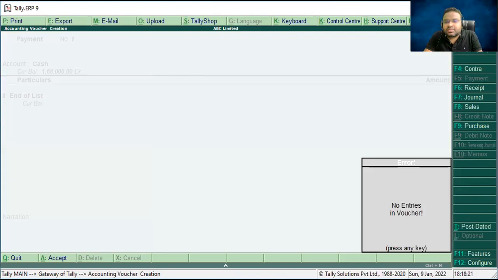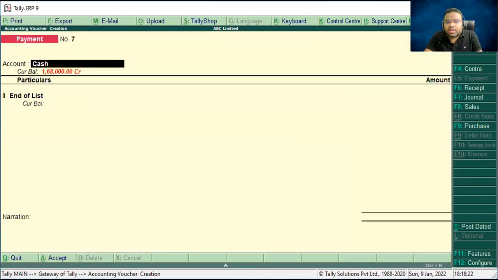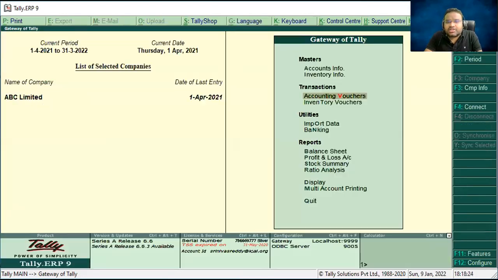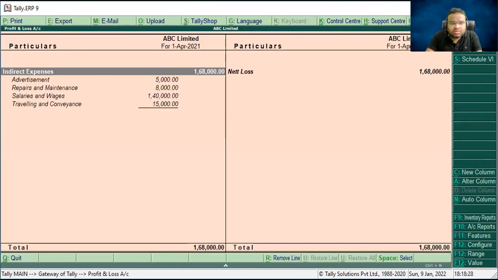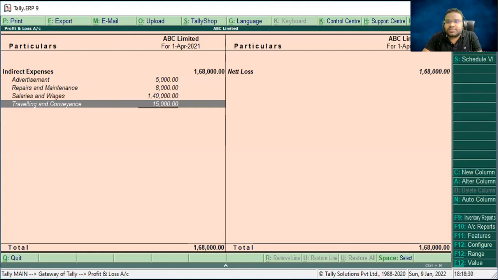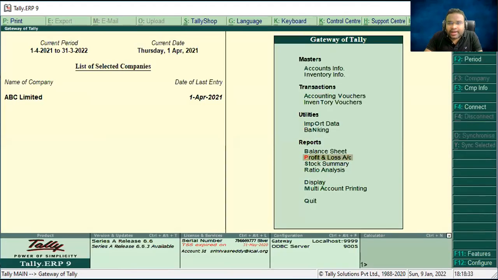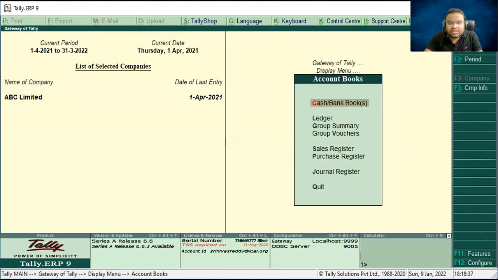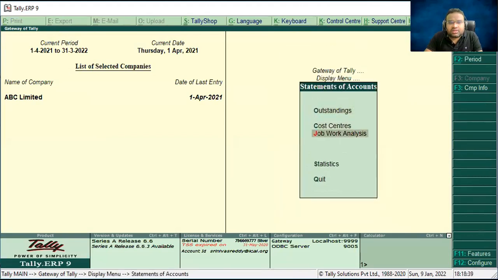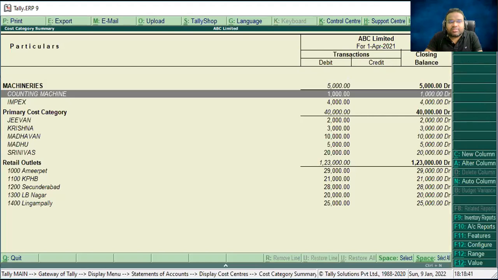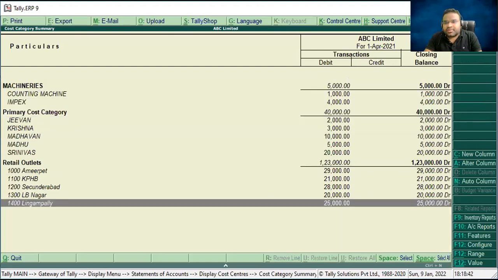Post the entry. Okay. So now what happens is that what you require for financial accounting? This amount data. What is required for cost center reporting? Cost center reporting. Cost centers, category summary, mission wise.